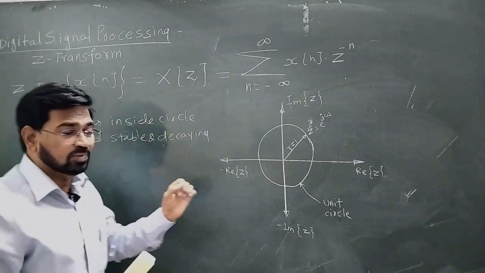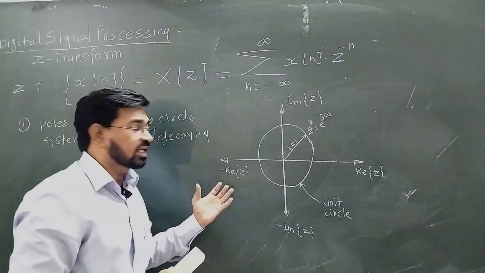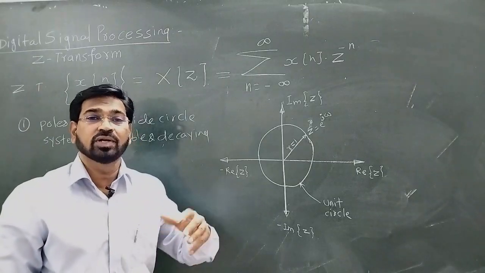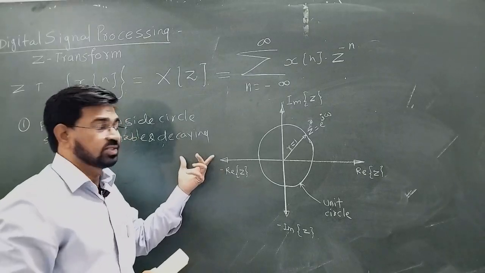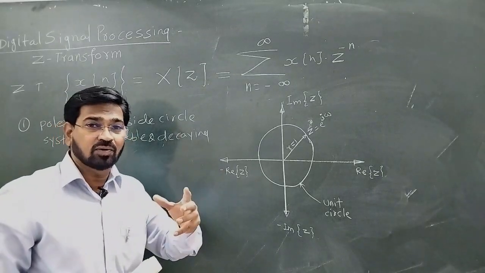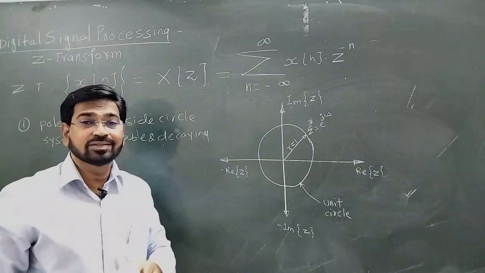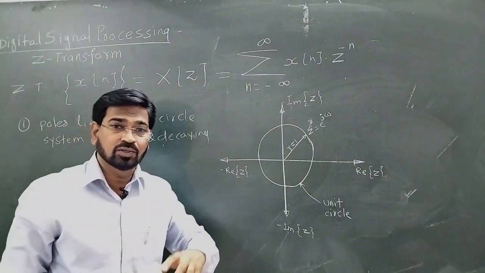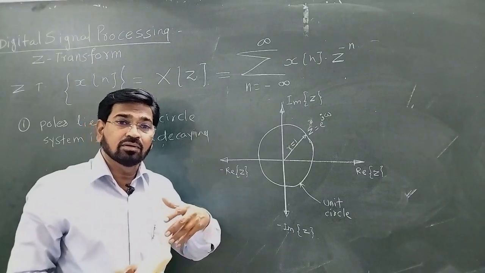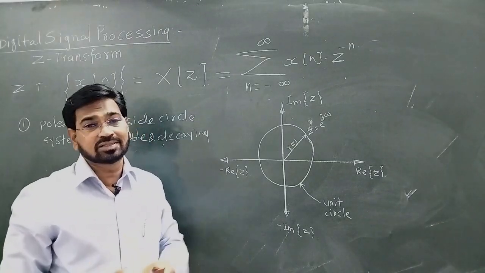So, Z transform describes all the parameters of the behavior, whereas Fourier transform is not able to describe the nature of this. In the Laplace transform, we have this sigma. The value of sigma decides whether the behavior is decaying, rising or sustained.